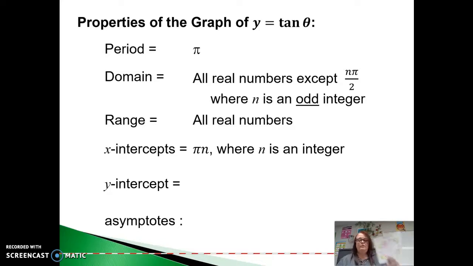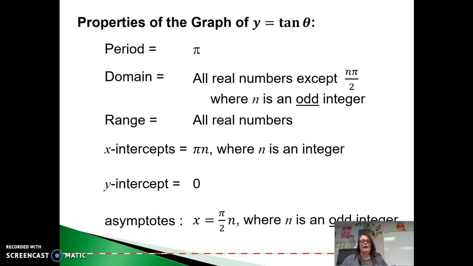And just like we found on the unit circle, we said that y over x at 0 was 0 over 1. And so tangent starts at 0 on the y-axis. And then like we said, where it breaks up the domain, that's where we have our asymptotes. So our asymptotes are at the lines x is equal to pi over 2n, where n is an odd integer, or like I said up top, n pi over 2. They mean the same thing.